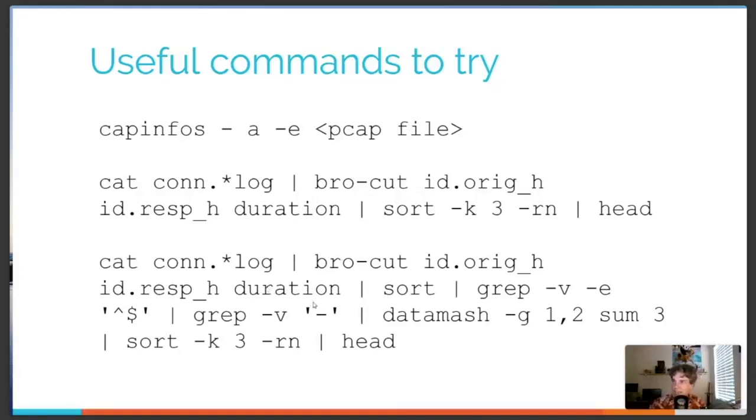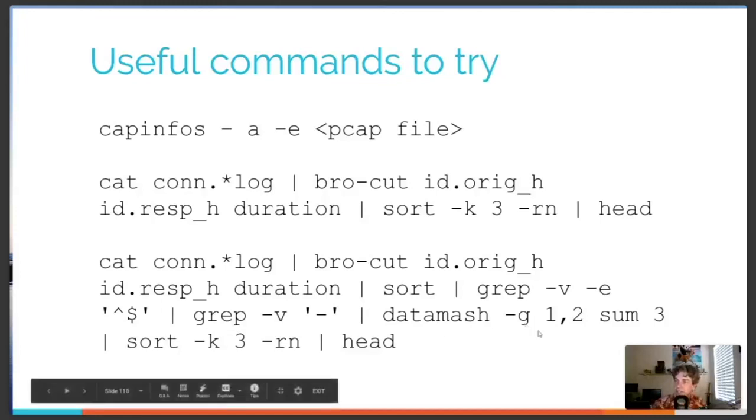This next command is exactly the same thing. The difference is I'm going in and I'm saying, pull out any blank lines, pull out any lines where there's a dash because there was no duration to the connection, because someone tried to start the connection and it died right off of that initial connection attempt.